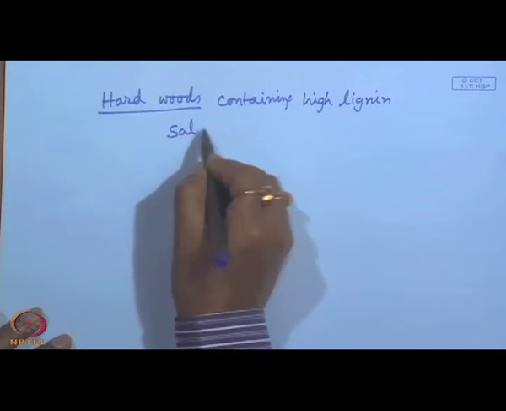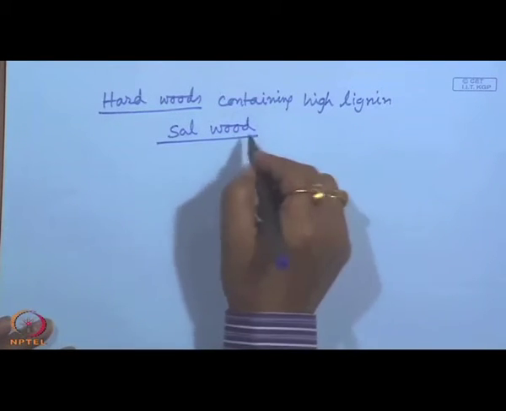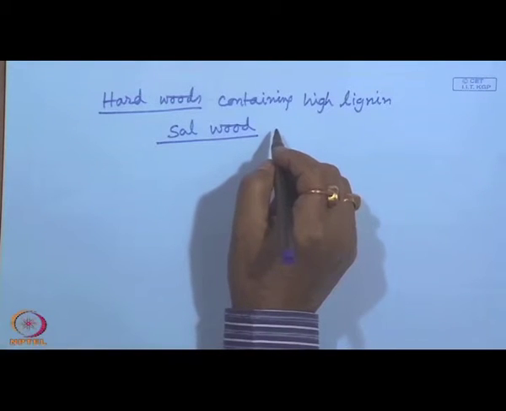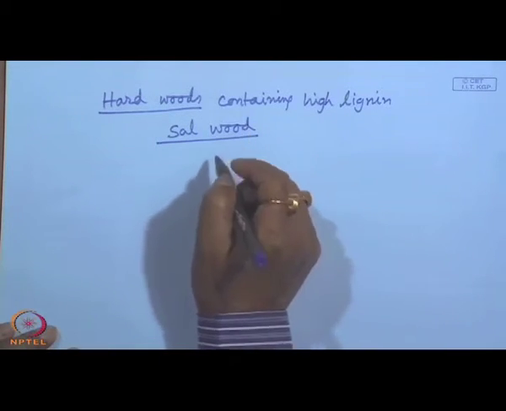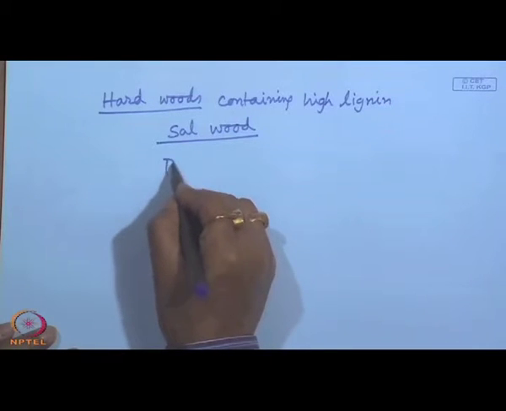salwood. This is heavy wood, very heavy, its density is very high, it is also very strong, and salwoods were used as railway sleepers.